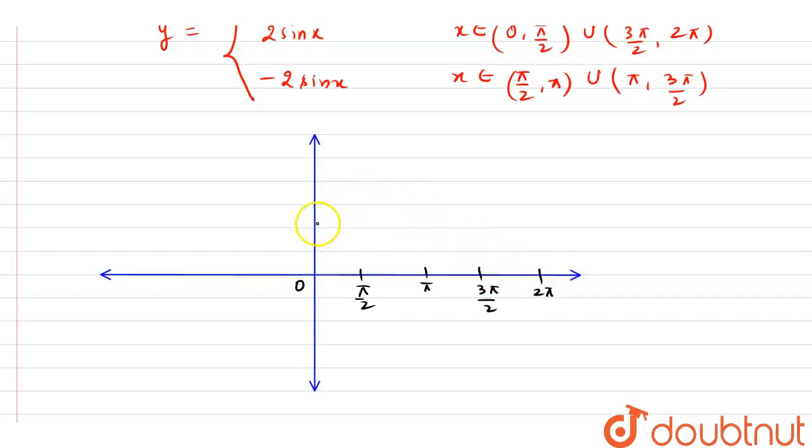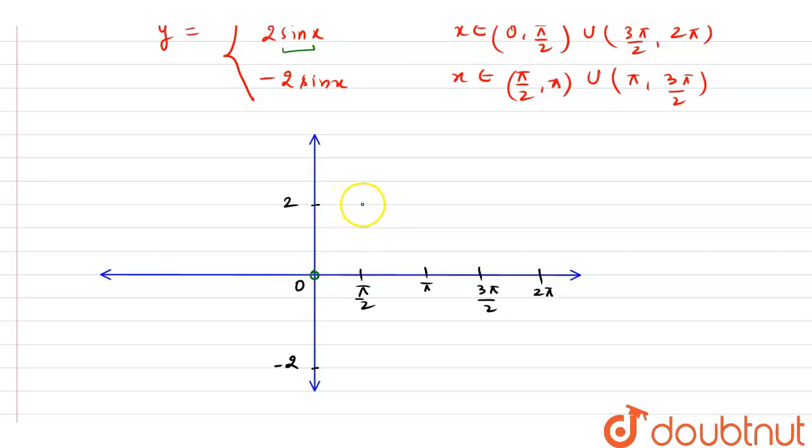Now let's suppose this is my 2 here and this is my minus 2 here, right? Now for 0 to pi by 2, I have the graph as 2 sin x. If you put 0 here, you will get 0, and if you put pi by 2, you will get 2.